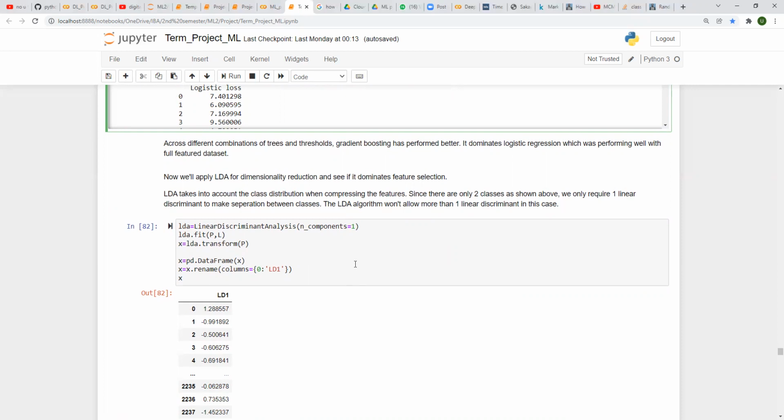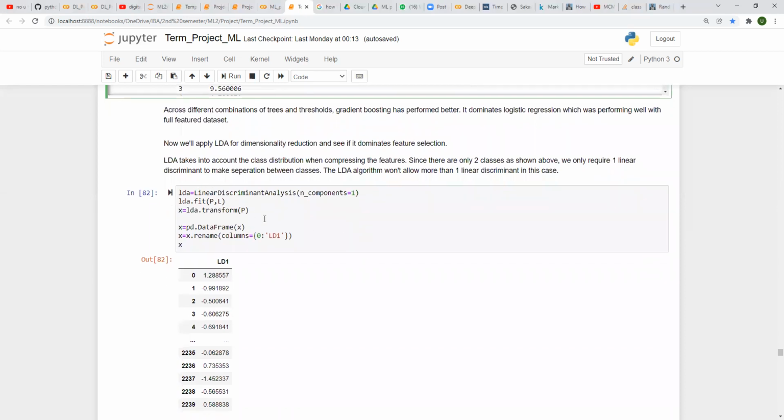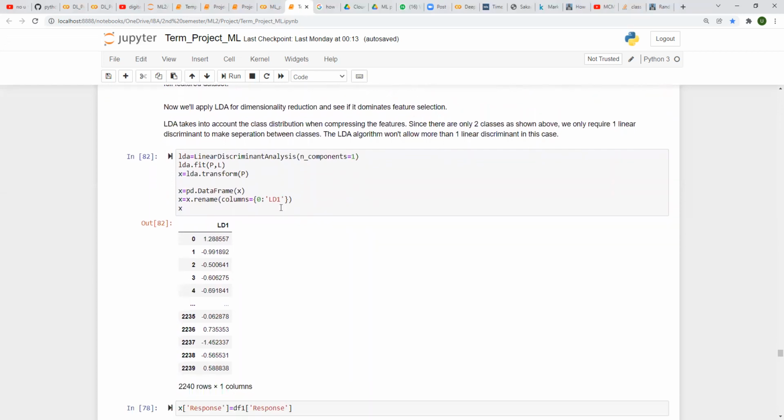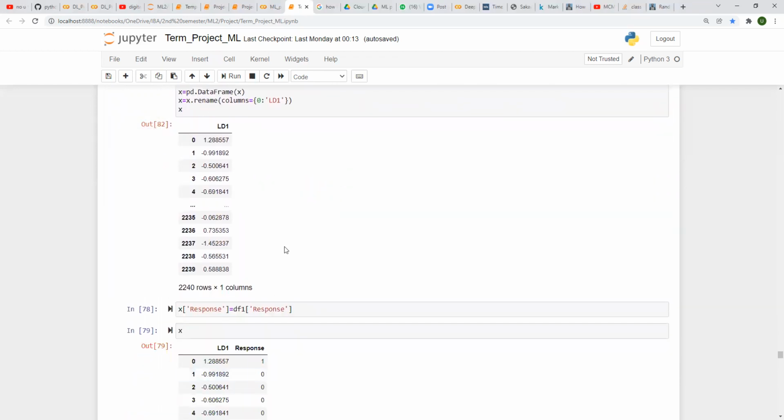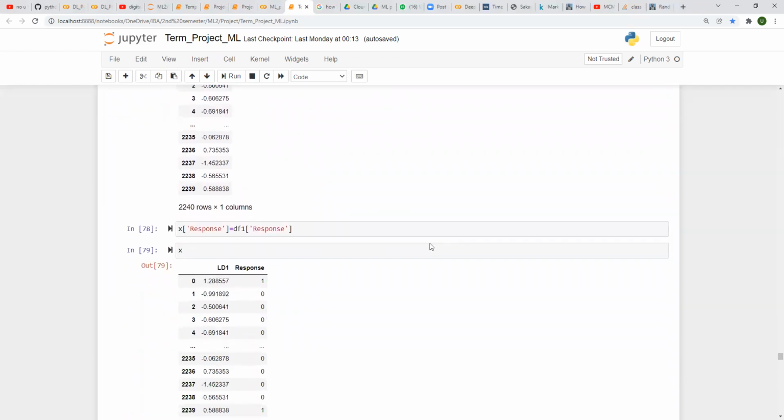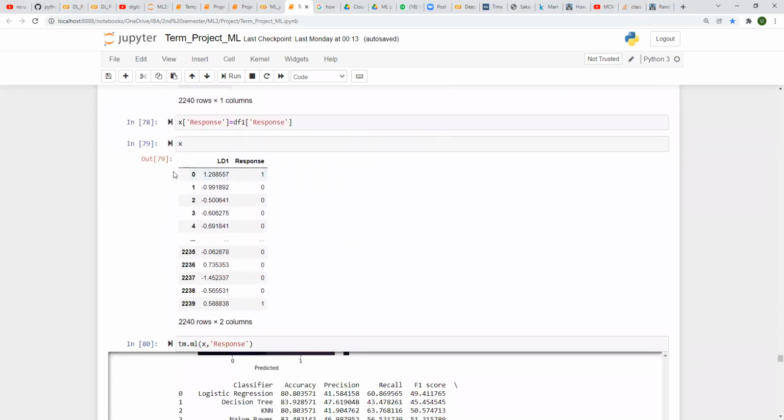And one thing also good about LDA is that it takes into account the class distribution. So we apply the linear discriminant analysis model and fit it and then transform it. We have this linear discriminant as the only column. And this becomes our new data frame.